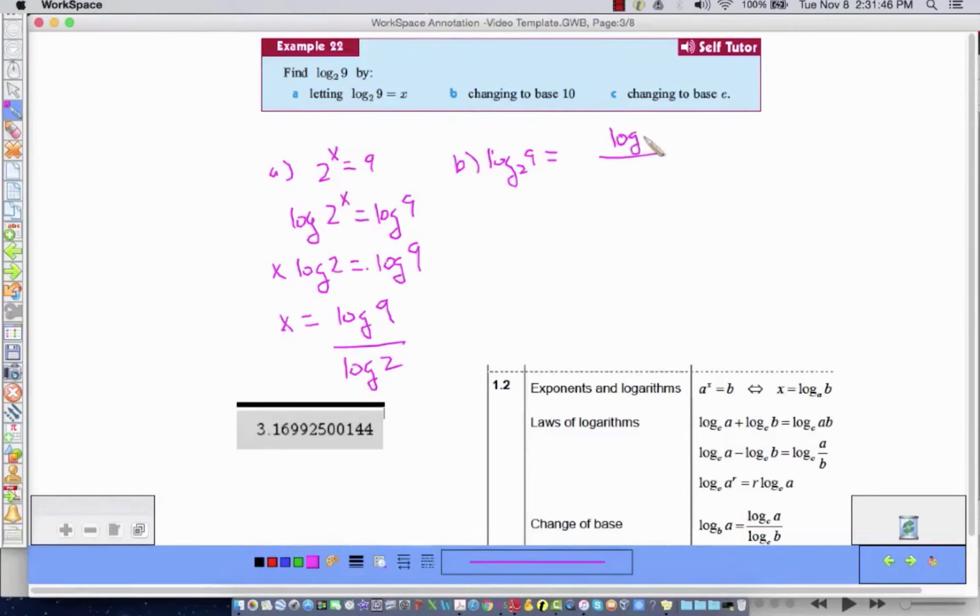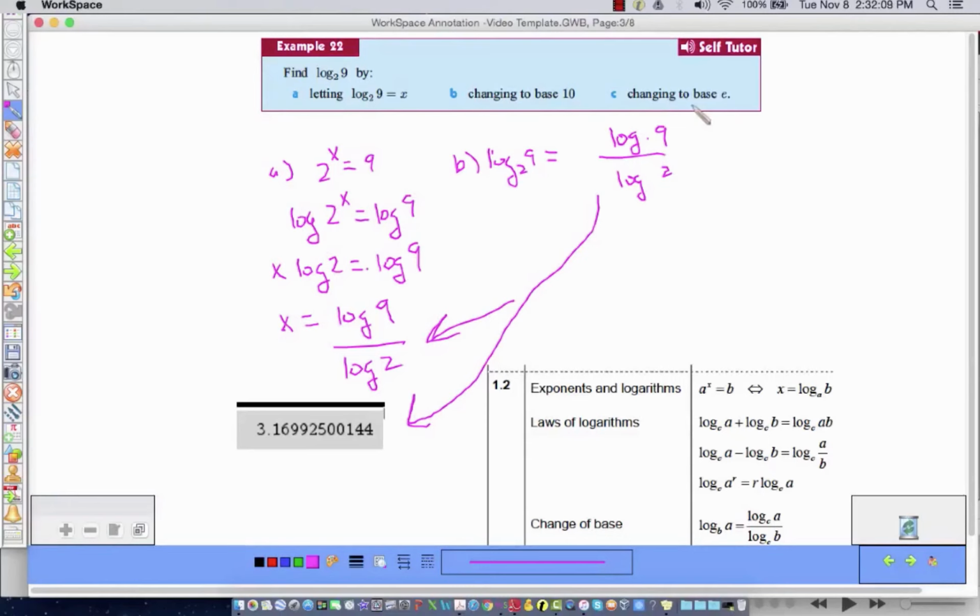So I can rewrite that as log base 10 of 9 over log base 10 of 2. But remember, I don't have to write the 10s because if there's no base there, we assume it's 10. And that's the exact same thing as this. Log 9 divided by log 2 is the same as this, so we would get the same result.